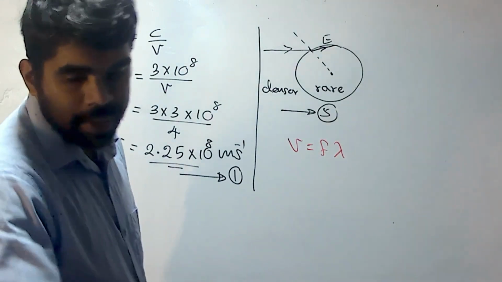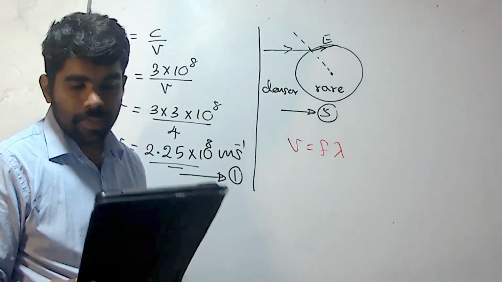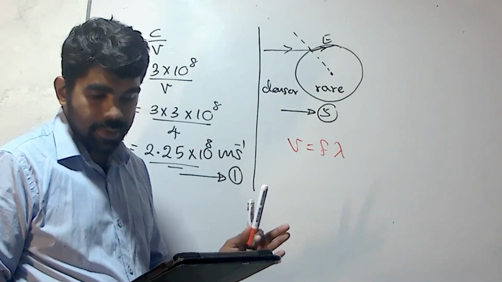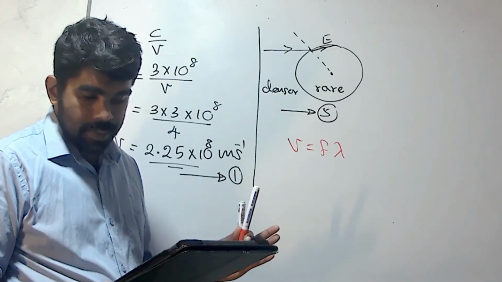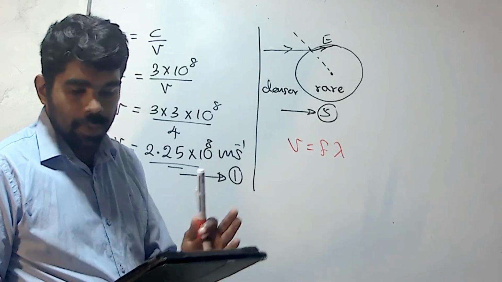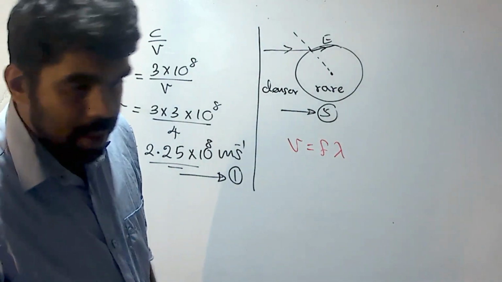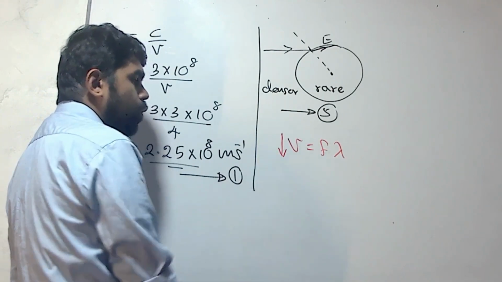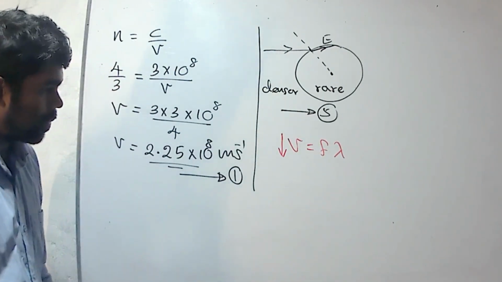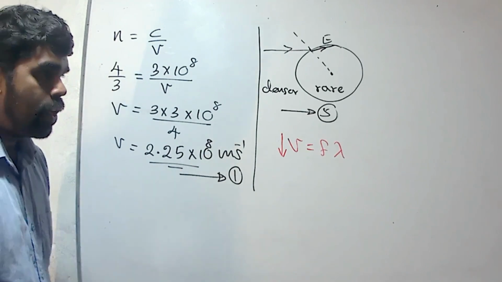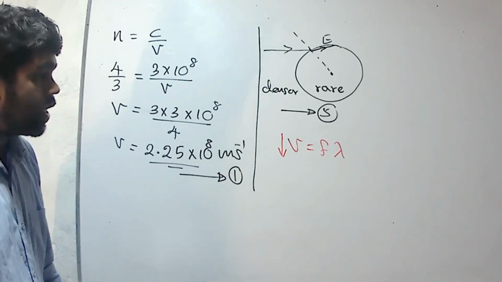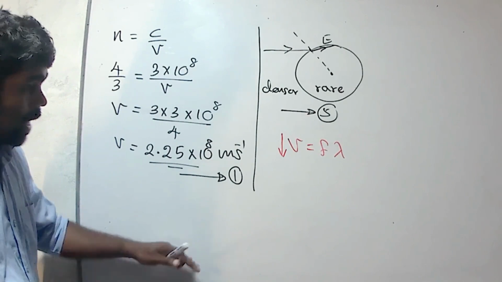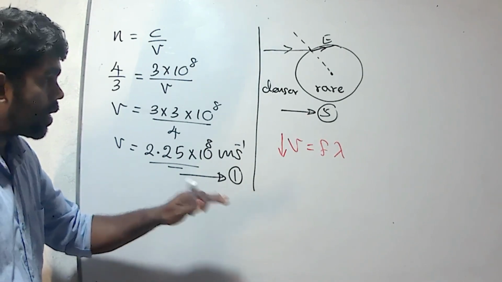They have given that the light ray is traveling from a rare medium to a denser medium. Then the velocity of the light ray should decrease from rare to denser. In the denser medium, the velocity is less than in the rare medium.